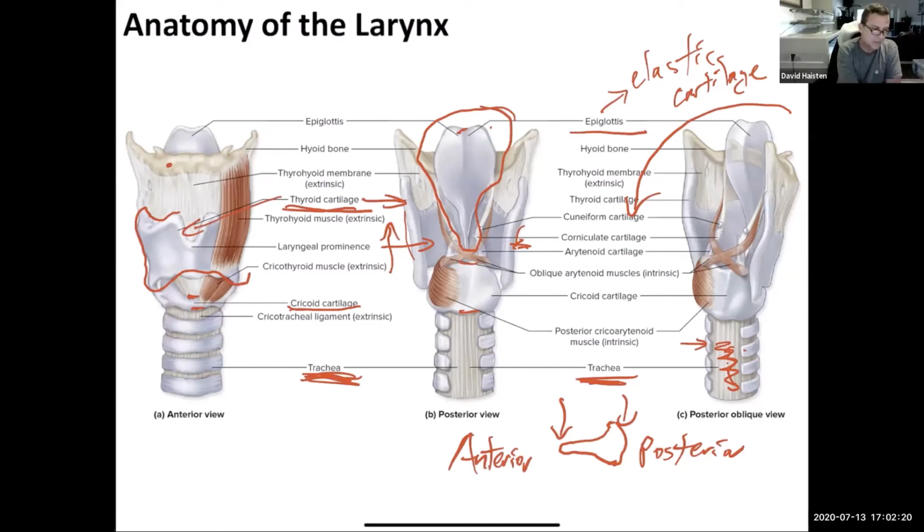And then we have a couple other little pieces of cartilage. The most important are the arytenoid cartilages. This is cartilage down here, arytenoid cartilage. The arytenoid cartilage is what the vocal cords are attached to, or the vocal folds.